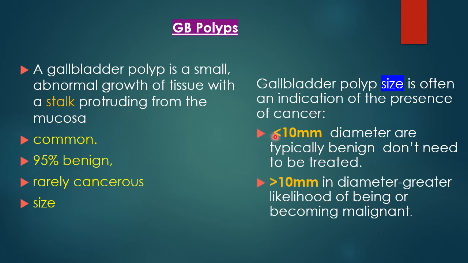Polyps less than 10 millimeters are typically benign and rarely become malignant. Polyps more than 10 millimeters in diameter have a greater likelihood of becoming malignant. Therefore, in patients with polyps bigger than 10 millimeters, there is a role for prophylactic cholecystectomy.